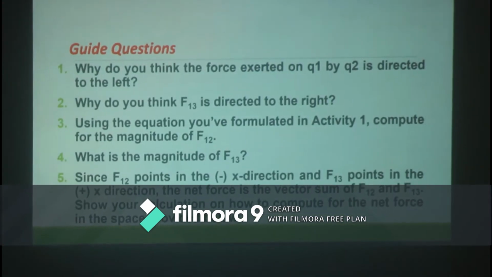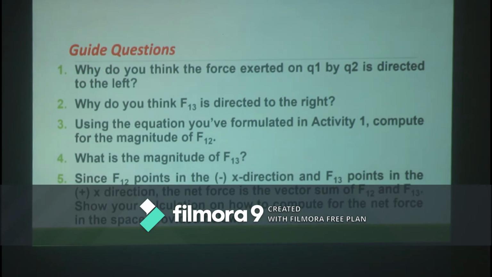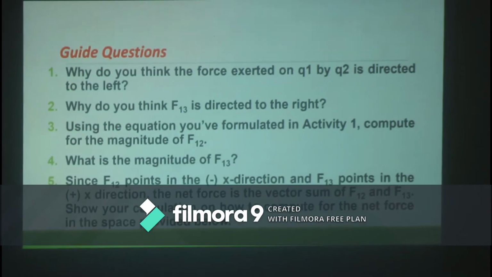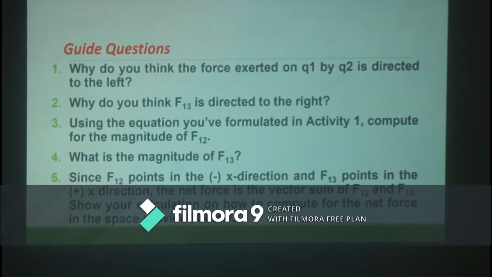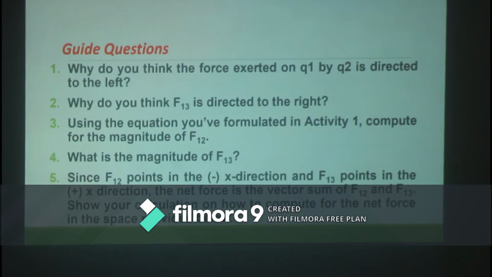Okay, now for our guide questions. Number 1, why do you think the force exerted on charge 1 by charge 2 is directed to the left? Number 2, why do you think F1,3 is directed to the right? Number 3, using the equation you formulated in activity number 1, compute for the magnitude of F1,2.